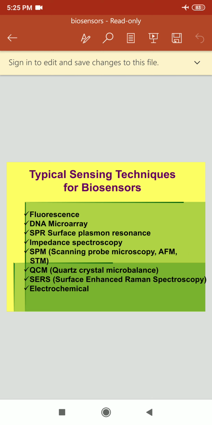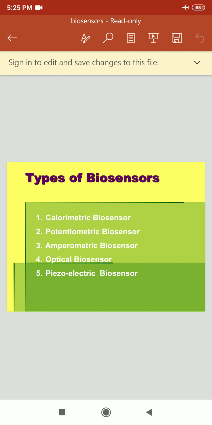Typical sensing techniques for biosensors: typical detecting methods like fluorescence, DNA microarray, and SPR, surface plasmon resonance. These are the techniques used to detect the biosensor. Types of biosensor are calorimetric, potentiometric. In potentiometric we use electrodes. Next is optical biosensor and piezoelectric biosensor.